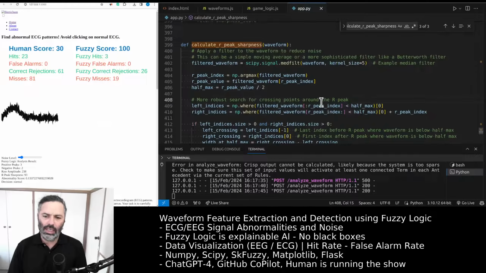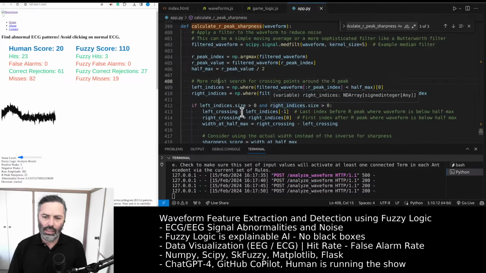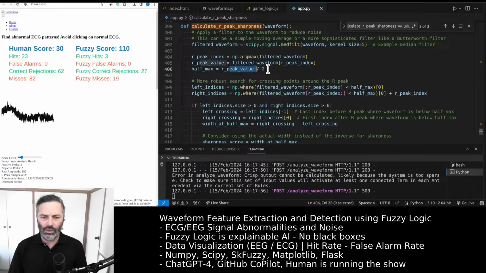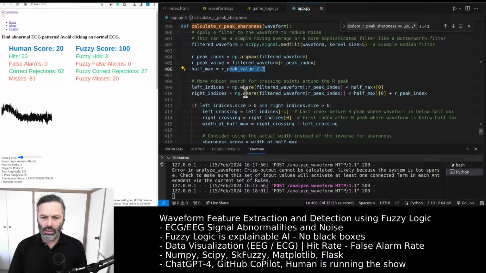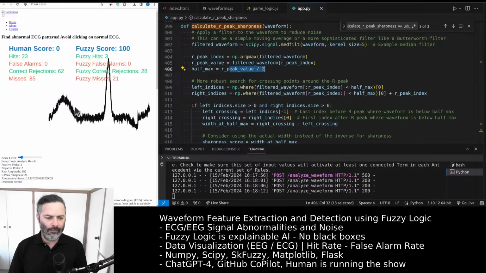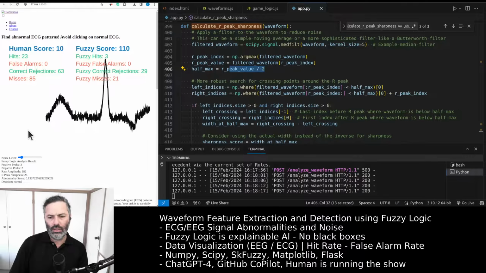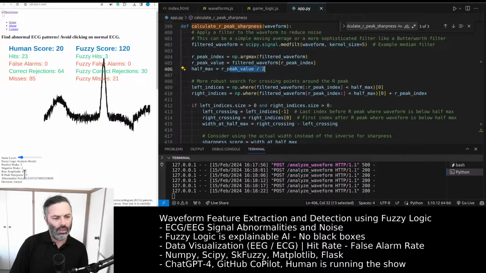So it's finding the R peak and then taking the distance between the right and left crossing. So it's going halfway through the peak, which should be fine. But then I'm getting 24 for this sharp R peak, and 25, 24.